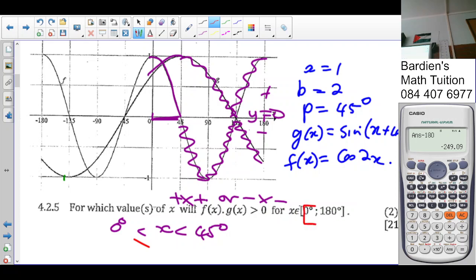We always tend to forget this, okay? This is inclusive. So at 0, it satisfies this condition, where both are positive. Not so. At 45, one is 0 and one is positive. And 0 times positive will result in a 0 answer. Okay. So that's that. Alright.